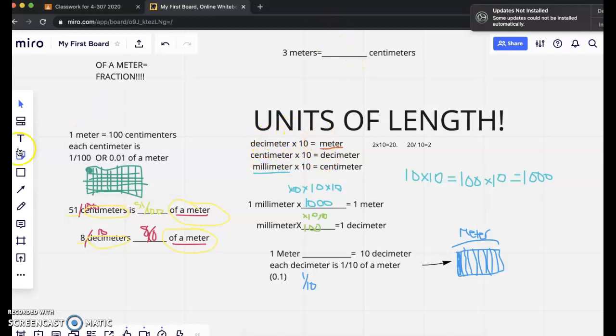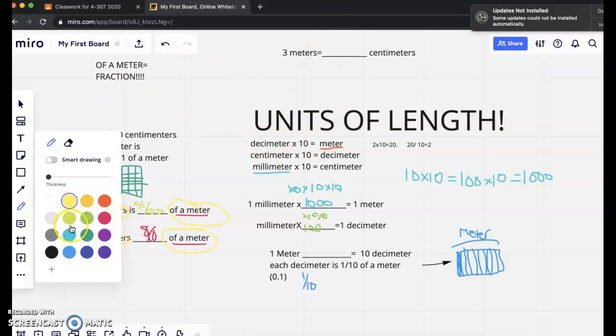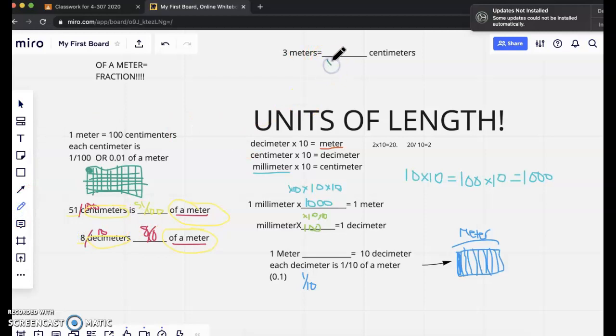That's if we have 1 though. So I would do times 10, times 10. And we know that 10 times 10 is 100. But wait a minute, this says 3. So I actually have to do times 3. Do this number last. We're crossing them off until the end.